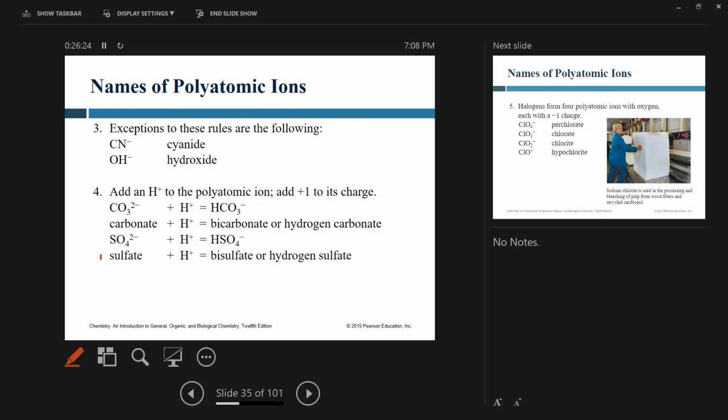Now, some of the exceptions. CN- is called cyanide. That's a tradition. The name cyanide is basically a combination of 2 letters, C, N, cyan. Does that make sense?